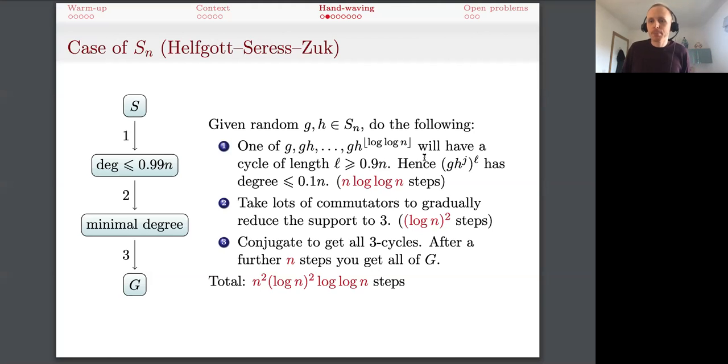So Sean, a quick question. These steps are not, let's say you reach an element in step 1, then you need to use it several times in the next steps. Shouldn't you take a power of it? So you do use it. For instance, in the second step, I've got this word of length about n, which has degree much less than n.